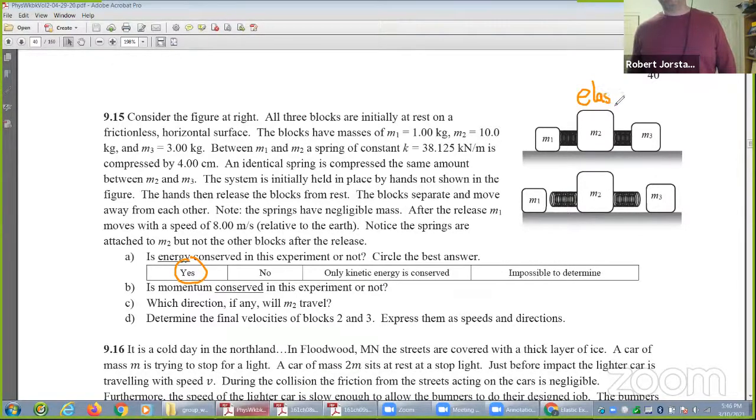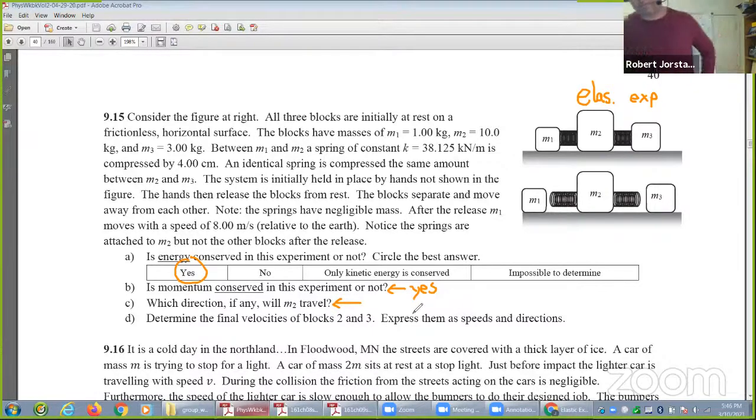Again, they probably don't say this in any textbook, but I think it makes sense because it's basically like an elastic collision, only you start from a compressed state. Do you think momentum is conserved? I'm thinking so, yes. Any collision, momentum is conserved. Good. Do you think M2 is going to move or not? And if so, which way would it move?